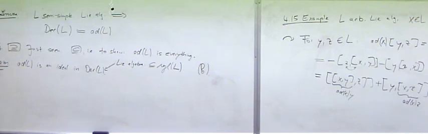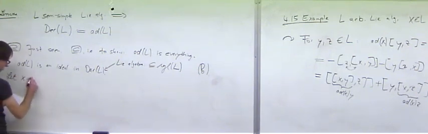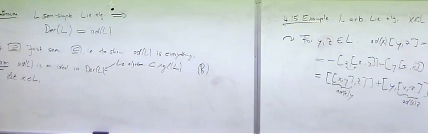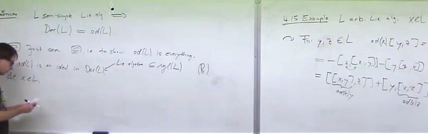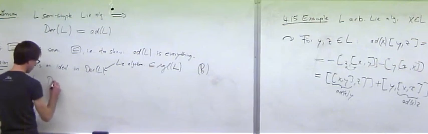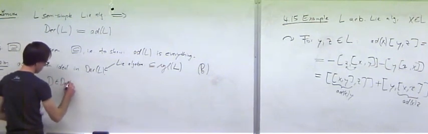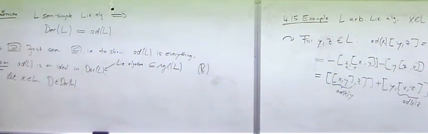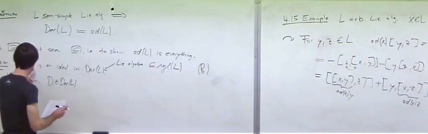So how to show this? Of course, I fix an element of ad L, so this is parameterized by an element of the Lie algebra, and an arbitrary derivation D of the Lie algebra, and I have to compute the commutator and show that it's still of the form ad something.